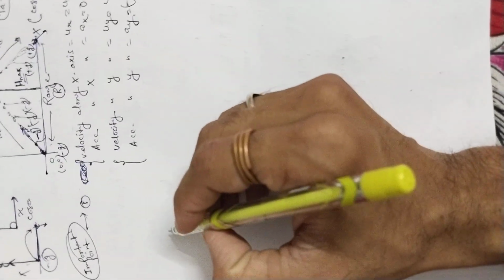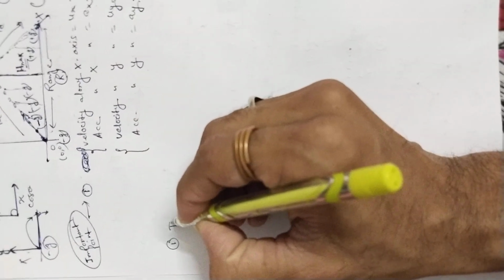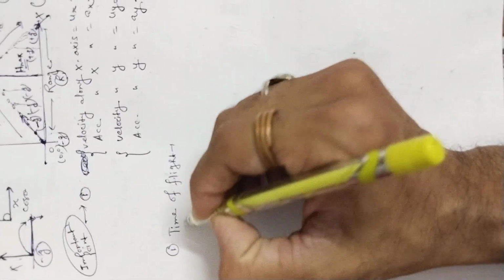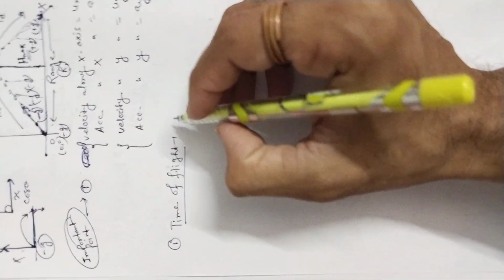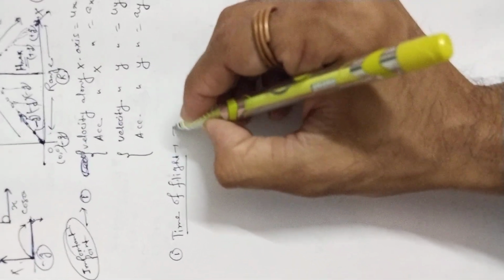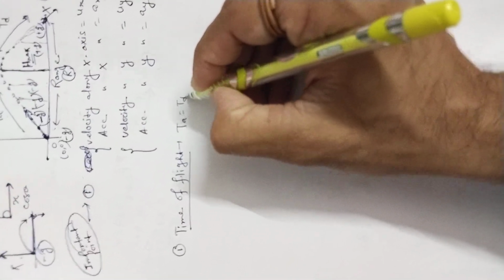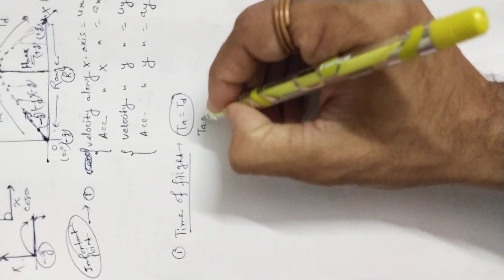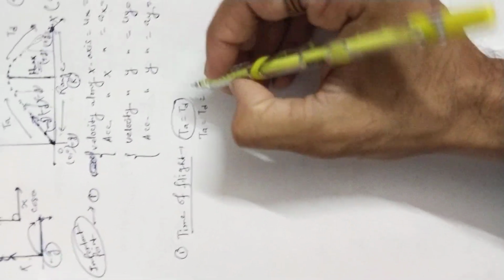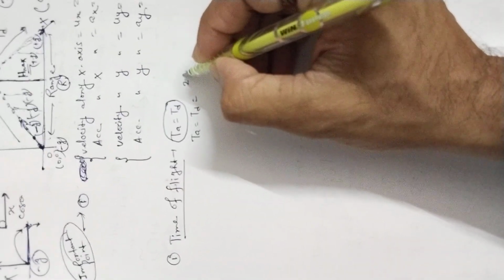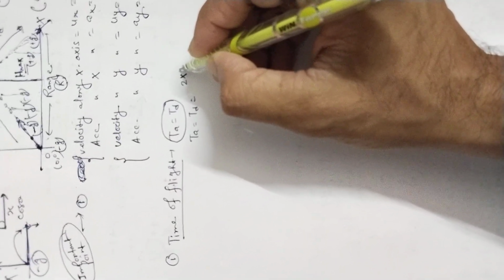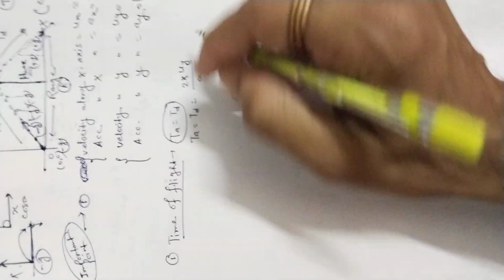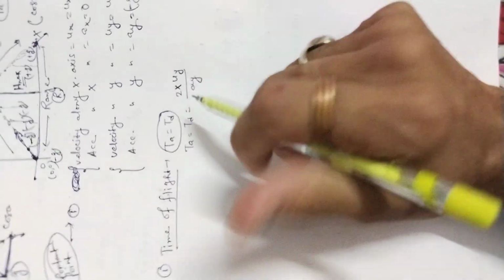Okay, look. Number 1, time of flight. What is the time of flight? t ascending equals t descending. These two are equal. So, sir, ta equals td equals, also write 2 into uy by ay.